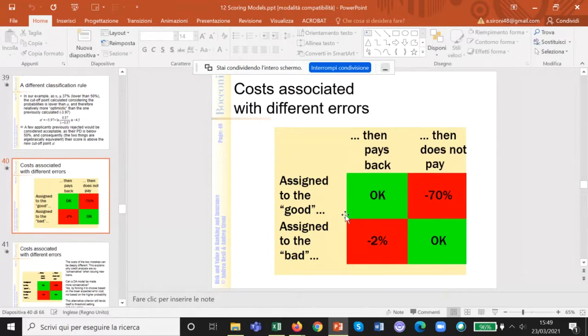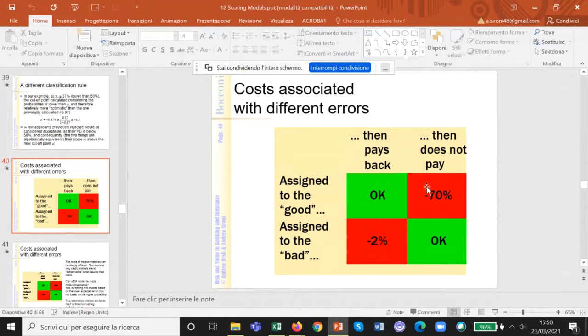If I classify a good company into the bad ones, the cost is rather limited. In this example it is just the foregone interest margin. So if I have a good company and I don't lend money to it because I think it's a bad one, I don't lose much.